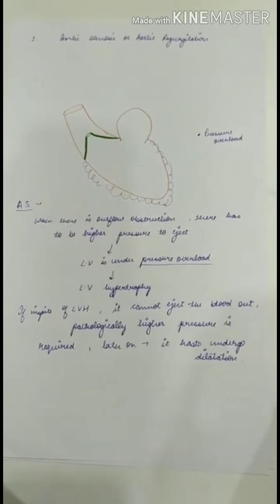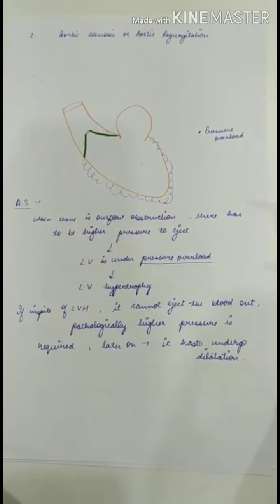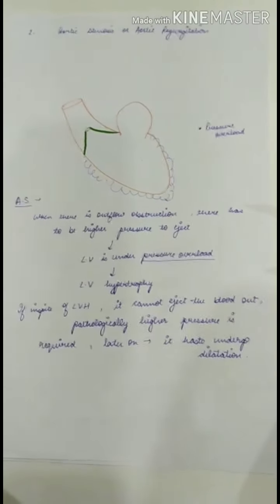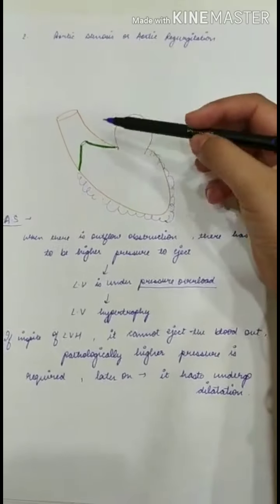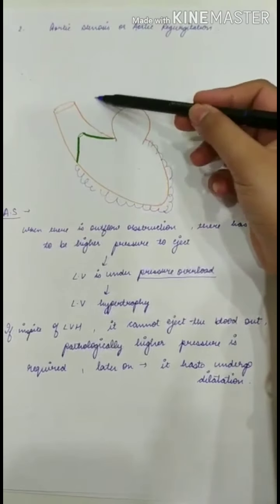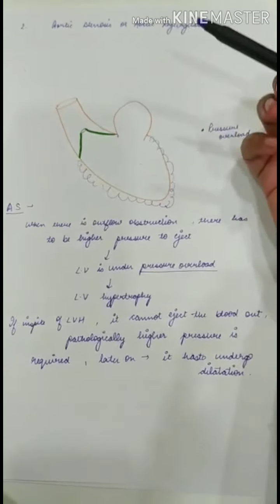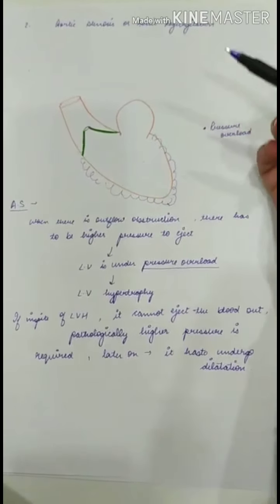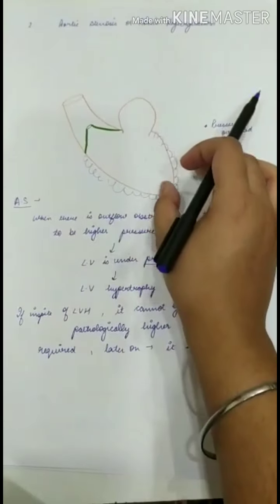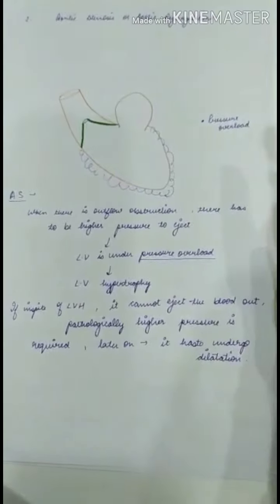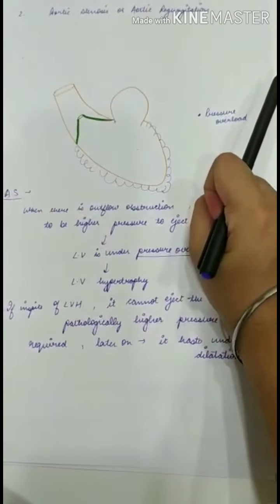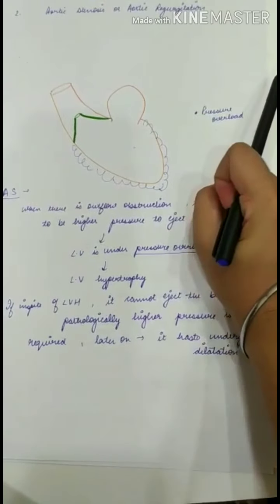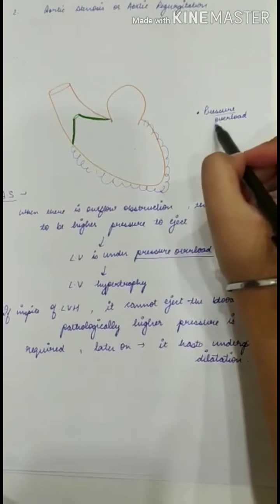Second is any aortic disease, whether it is aortic stenosis or aortic regurgitation, both can lead to mitral valve regurgitation. Now naturally, in aortic stenosis, the aortic valve is thickened or stenosed and it does not open during systole. So the left ventricle will undergo hypertrophy. When there is outflow obstruction here, there has to be higher pressure to eject, which means the left ventricle is under pressure overload.